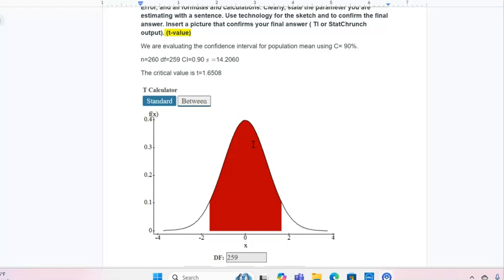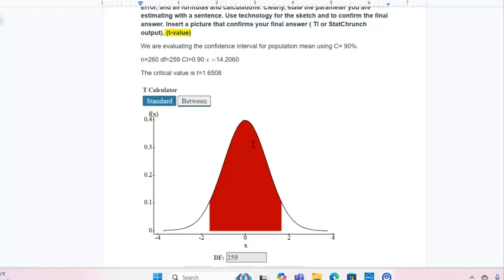And then we evaluated the confidence interval of the mean by using C equals 90. The total number of our data set, which is n, is going to be 260. The DF of our data set is going to be n minus 1, which is going to give us 259.